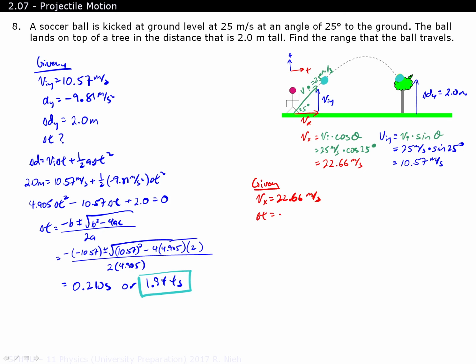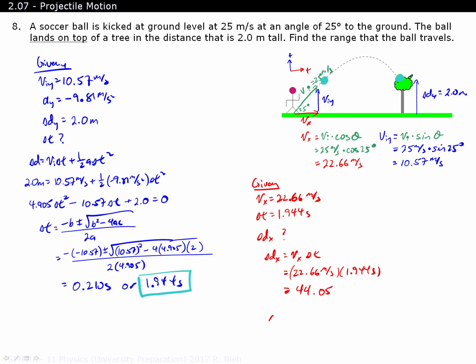Our time for it to travel is a total of 1.944 seconds. So our dx is equal to Vx delta t. 22.66 meters per second times 1.944 seconds is equal to 44 meters.